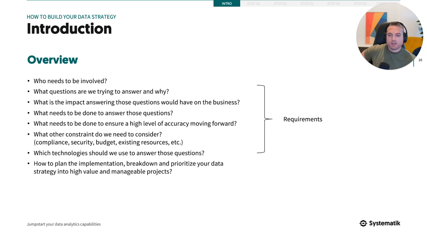The constraints we have if we really want to build these things, like budget, security, compliance. And finally, once we have all of that information, how do we break that down into smaller projects and make sure that every small project or sprint is value packed and moves the business forward. So if that's something you're interested in, stay with me and we're going to cover each step and then do the workbook. All right. See you there.